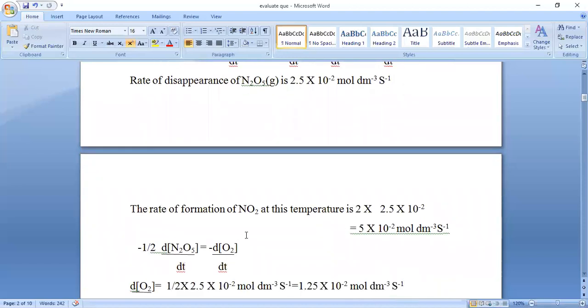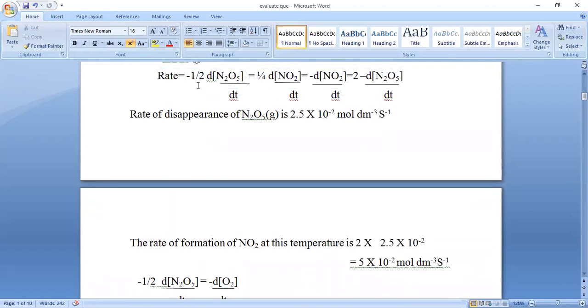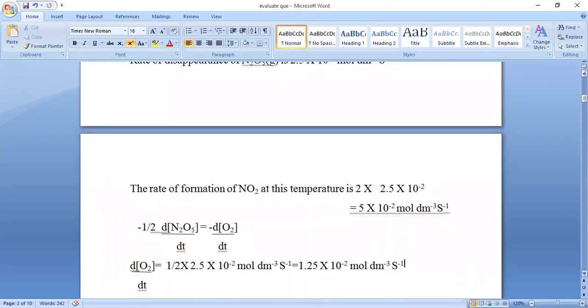And then they asked for the rate of formation of O2 and NO2. So how to find out for O2? Minus 1 by 2 d of N2O5 divided by dt equal to d of O2 by dt, from the equation.